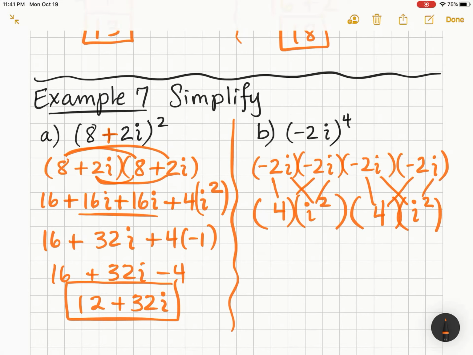It's all mushed together. So now I can say 4 times 4 is 16. But look at this. i squared is negative 1. I already multiplied those 4's together. And then I have another i squared is another negative 1. And so negative times negative is just positive 16. So all the i's went away. Yay.